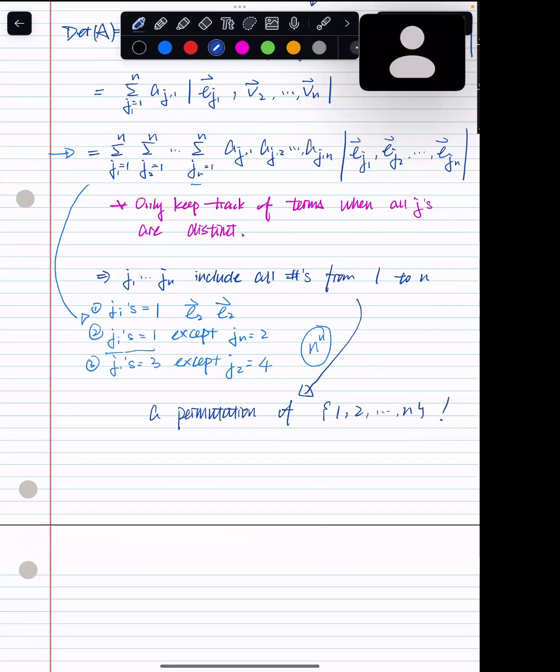So n factorial. This is just an exclamation mark, but there will be a factorial of them.